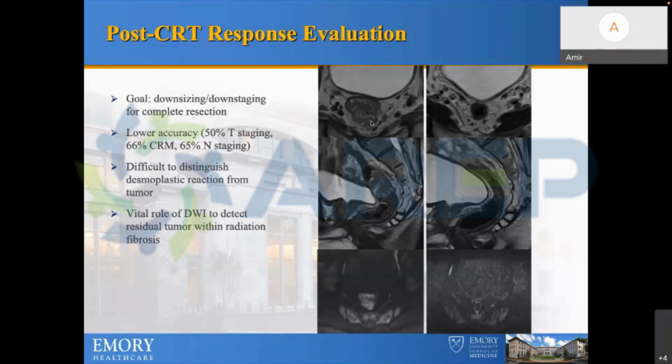I actually don't restage. We are not supposed to restage the T, because whatever the patient was at baseline is going to stay the same. We're just going to say it was a T3 stage. Now it has responded to treatment and it's completely gone. So what does it mean? It means that there was a T3, there was involvement of structures around the tumor, around the rectum, but now it's replaced by fibrosis, meaning that they still have to go after that fibrosis, because there might be a tiny amount of tumor there.